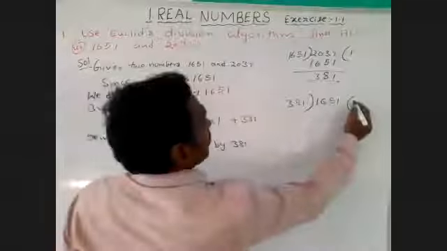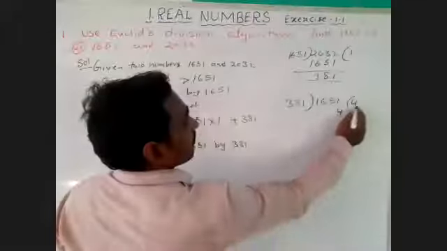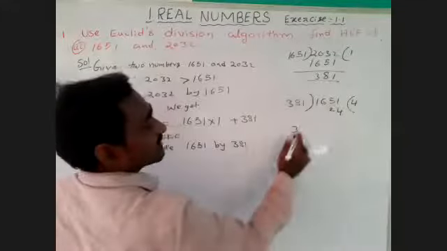Suppose 4 times: 4 ones are 4, 4 eights are 32, 4 threes are 12 plus 3, 15.